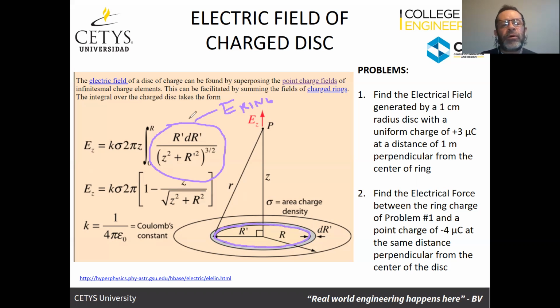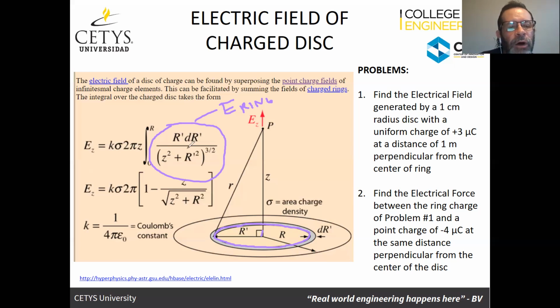And so we're going to integrate and go from 0 to r, which is the radius of the disk. And we're going to get the electrical field of the complete disk, which is basically, again, taking each of the infinitesimal rings and adding all of them up.